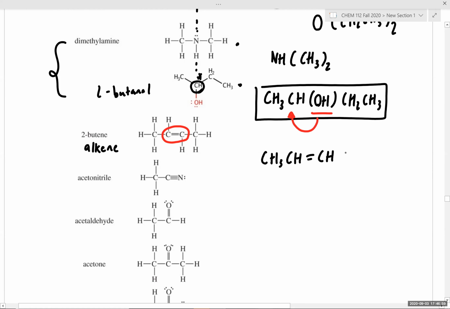If we're looking at our partially condensed structure, it would look something like this. This is our partially condensed structure.